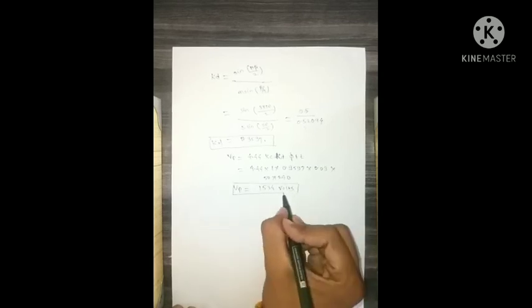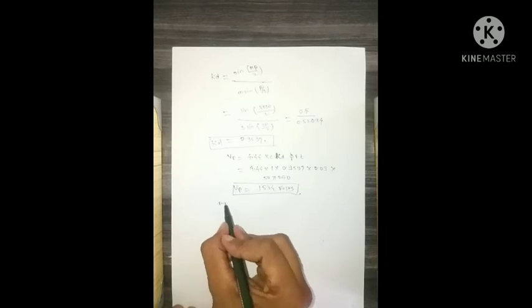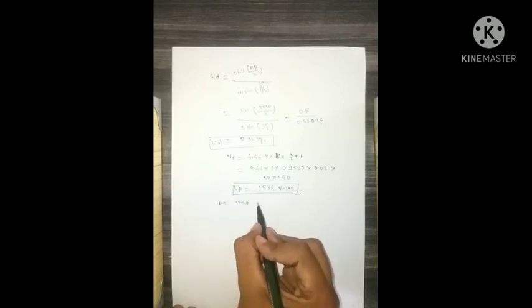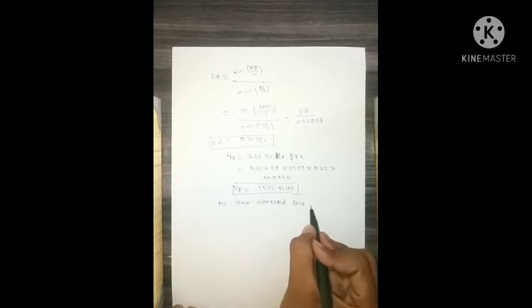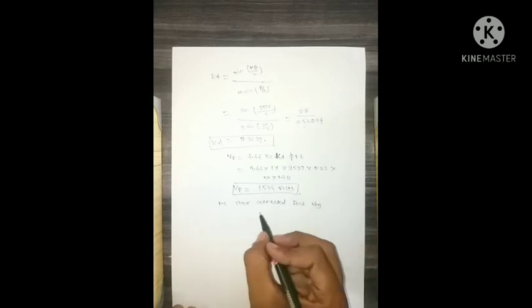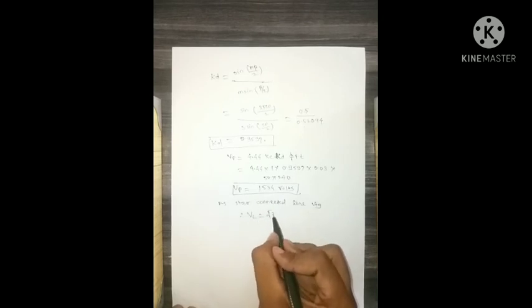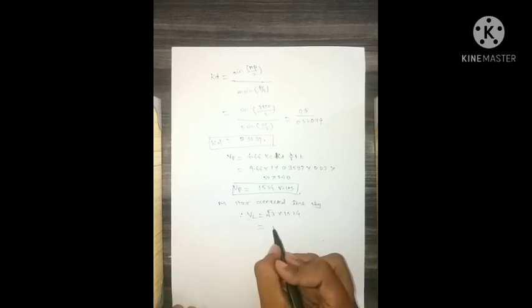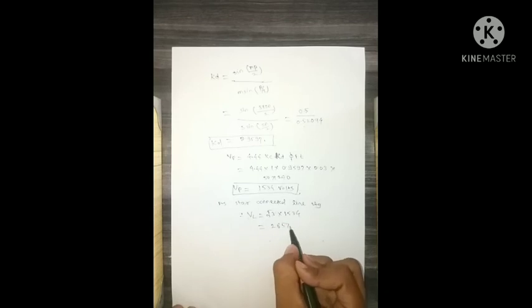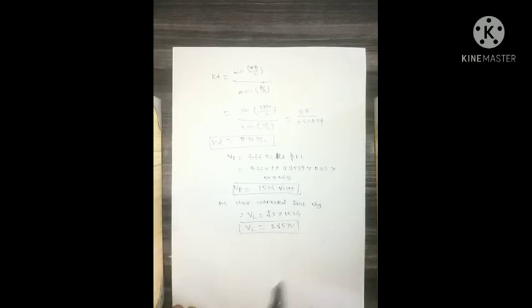Lastly, as it is star connected, the line voltage VL equals root 3 into 1534 equals 2657 volts. This is our line voltage.